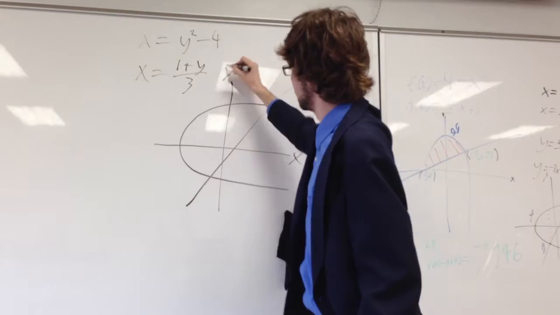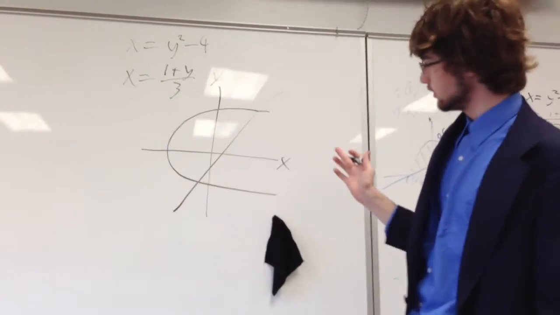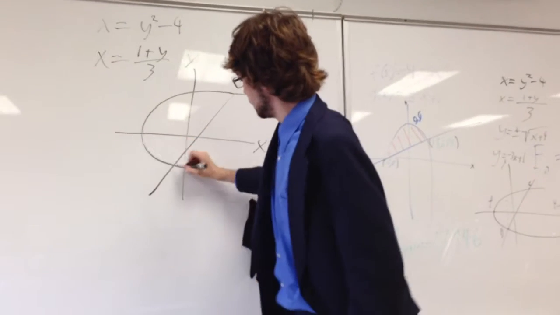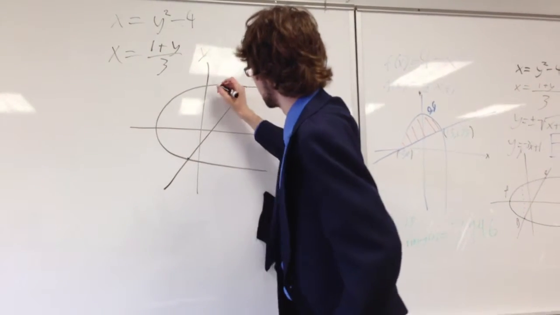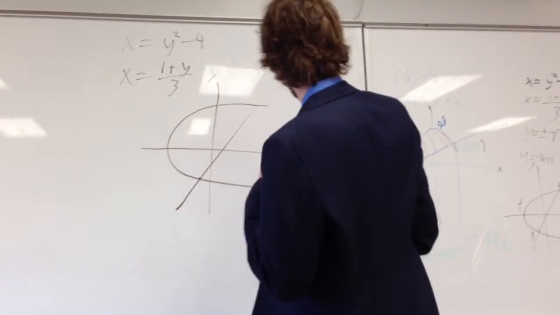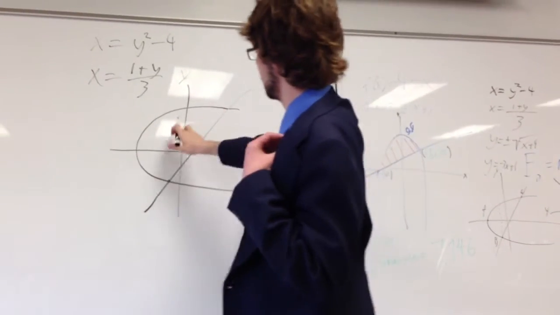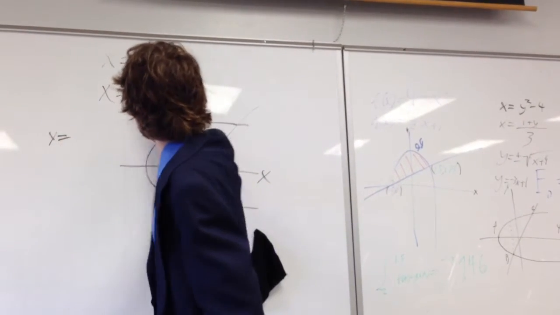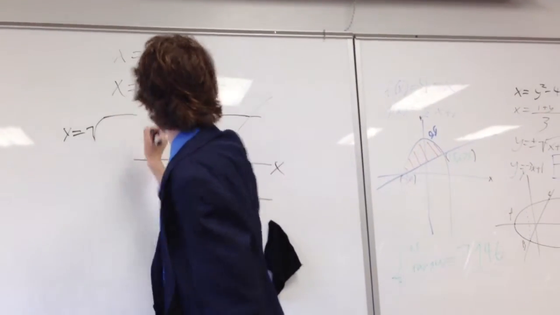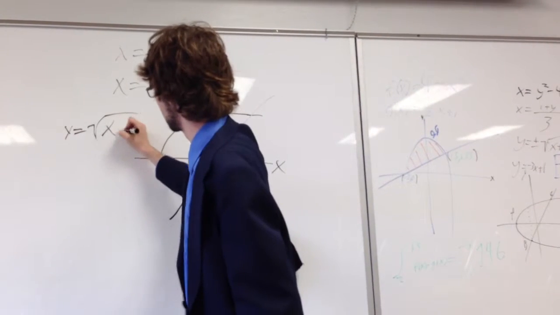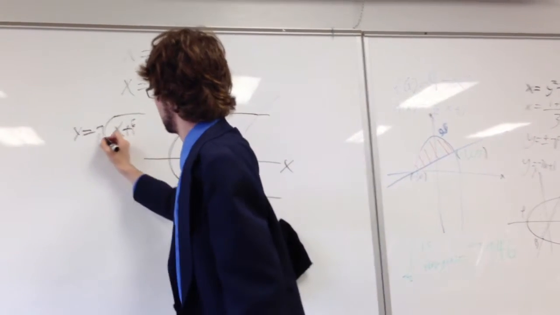X, y. Now, there are two ways you could go about doing this. If you want to integrate on the x-axis, you're going to need to set up multiple points because you have three graphs that you're going to have to be integrating for the x-axis, because to graph it like this on your calculator, you need to convert it to y equals square root of x plus 4, and that's plus or minus.